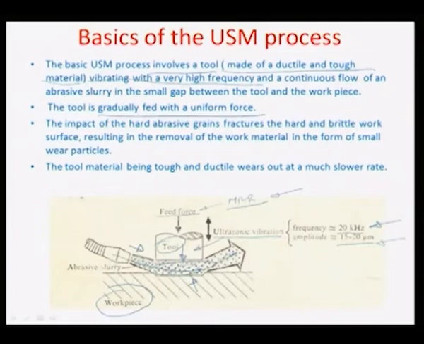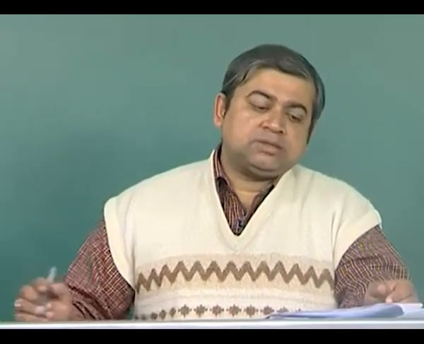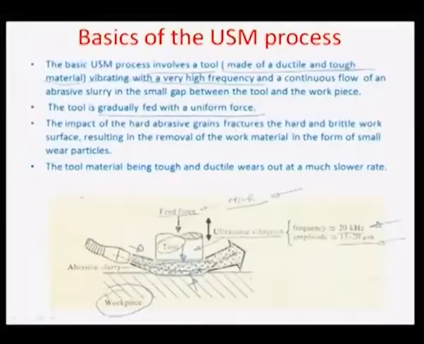We will try to explore different models for estimating how material removal rate can be characterized. The first model which comes to mind when talking about material removal rate is what we also know as M.C. Shaw's theory, or M.C. Shaw's model of USM.